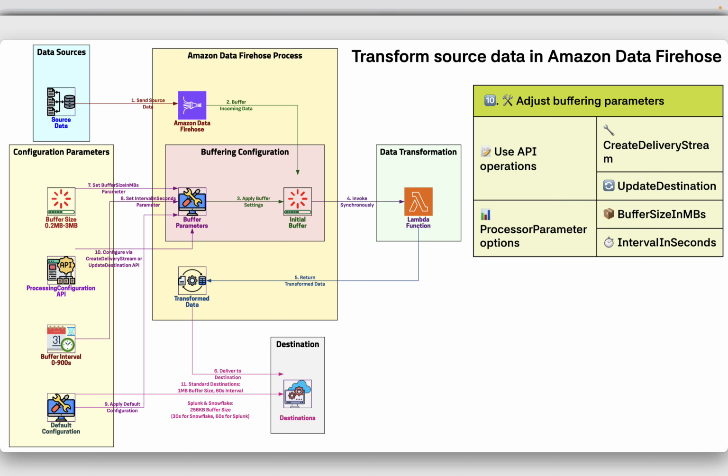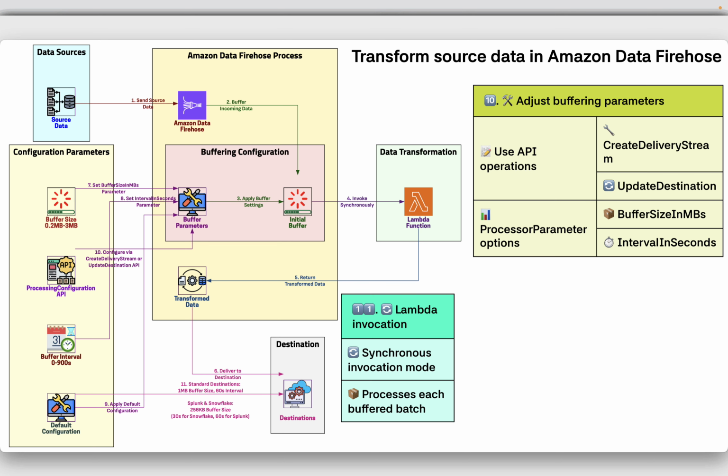To adjust the buffering size, you can set the processing configuration parameter of the create delivery stream or update destination API with something like processor parameter called buffer size in MBs and interval in seconds.